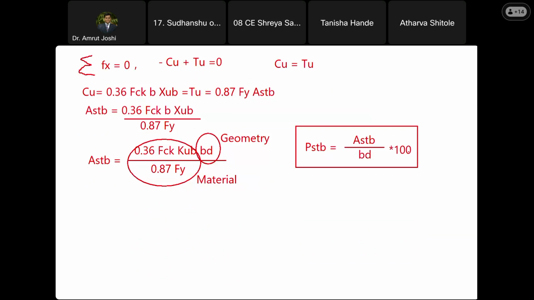The moment I substitute AstB in this formula, the bd in the numerator and this bd in the denominator will get cancelled, and therefore you will have PstB equal to 0.36 fck multiplied by XuB divided by 0.87 fy, multiplied by 100.